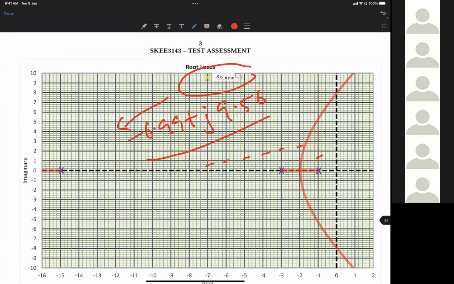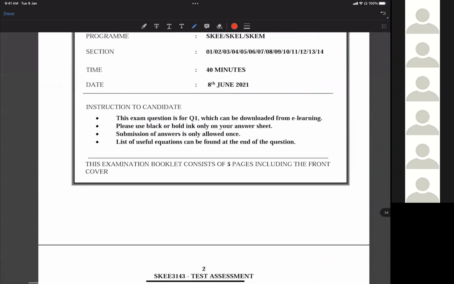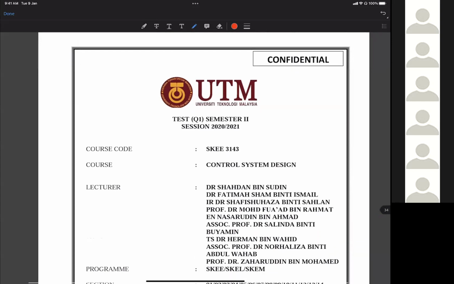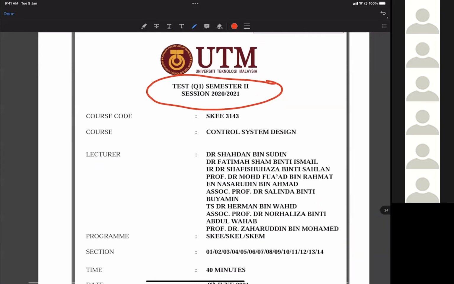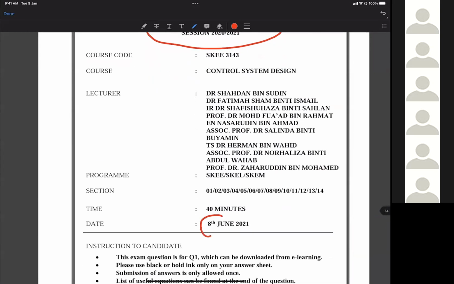So I will continue to discuss this on Wednesday. Boleh, Natra? Ini last semester ni. Last semester, which is 8 of June. Because last semester we only have one test and 3 quizzes because of COVID. But this semester, no quiz.